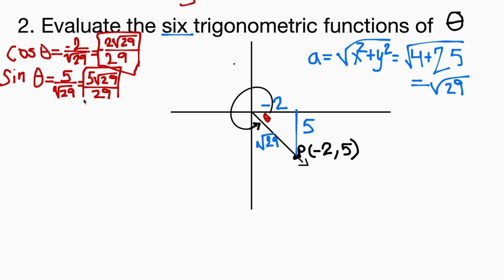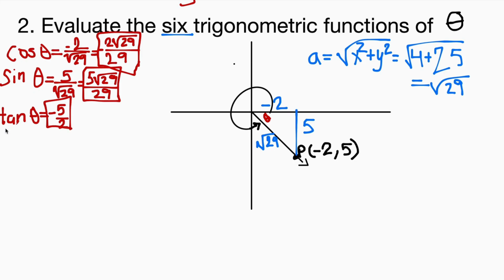That is our sine value. Finally, our tangent value is equivalent to opposite over adjacent. Our opposite value is 5 and our adjacent value is negative 2, so negative 5 over 2. That's our tangent value.